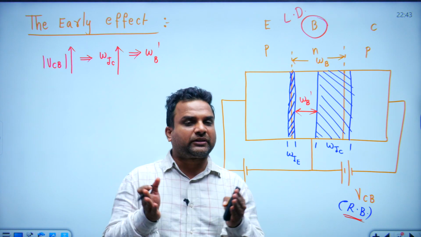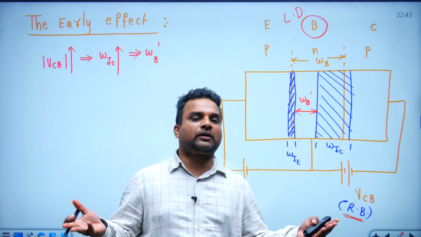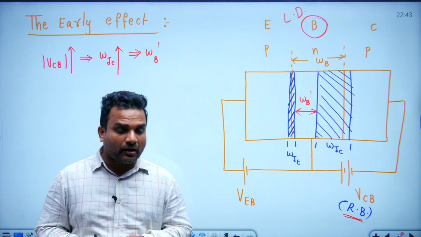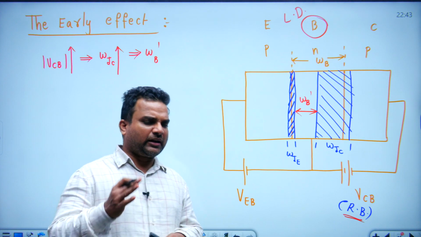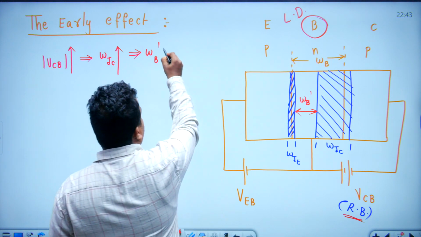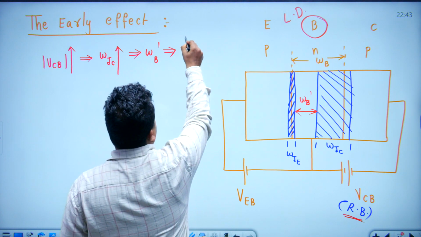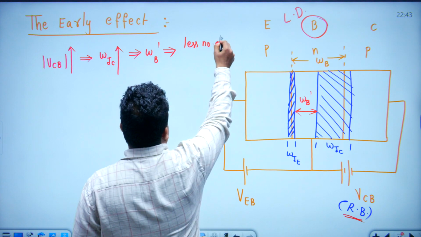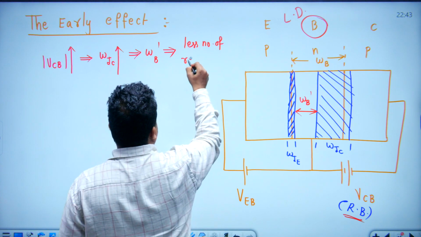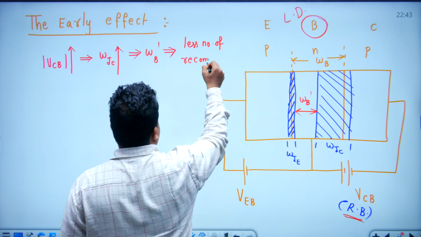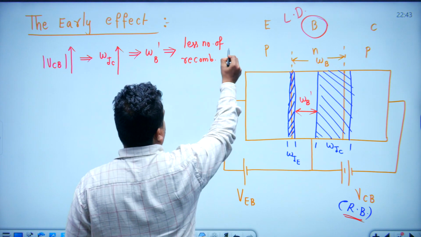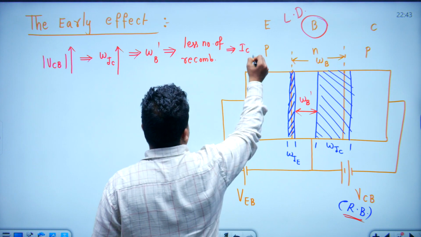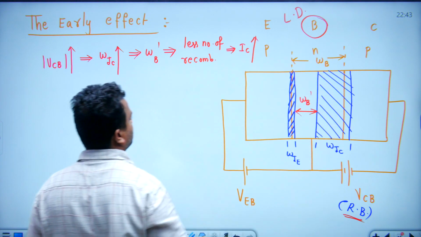As the effective base width is very small, there are fewer recombinations, so you will get more current. As there are fewer recombinations, the collector current reaching the collector region increases.